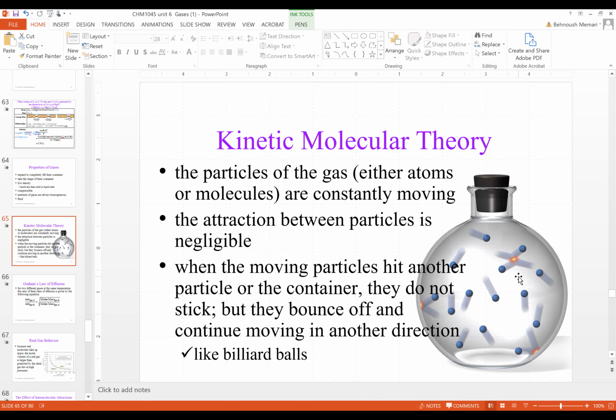If they collide or hit each other, that collision is going to be elastic. That means there's no transfer of energy, and each one would change direction and continue moving. So when they hit another particle or the container, they do not stick, but they bounce off and continue moving in another direction.